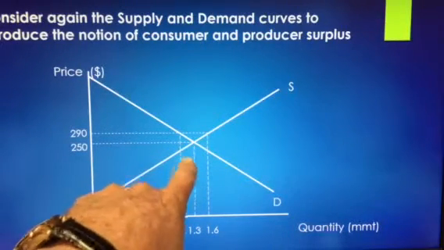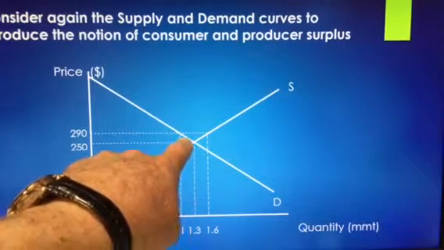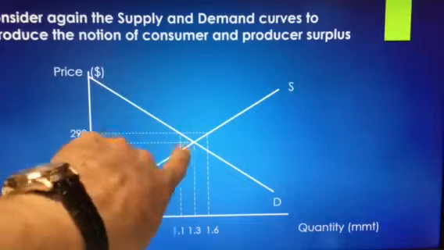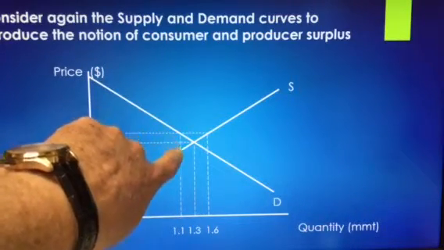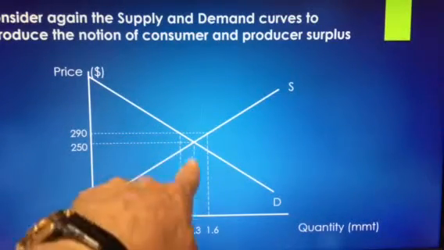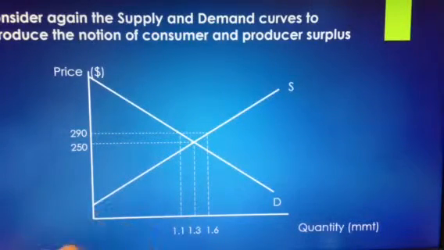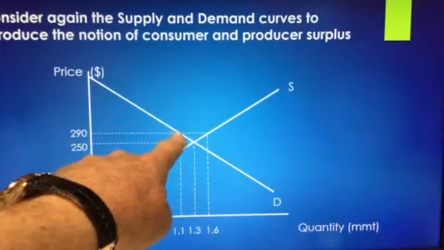But notice here, there's also something, because this portion of what was consumer and producer surplus is lost. That's a deadweight loss. These little bitty triangles here relate to trades or transactions that will never occur, because only 1.1 million metric tons will be exchanged.